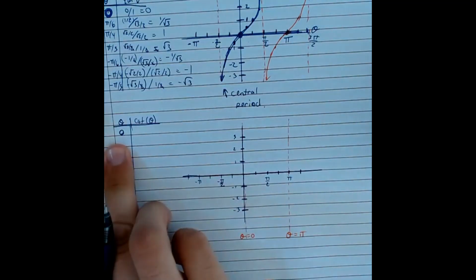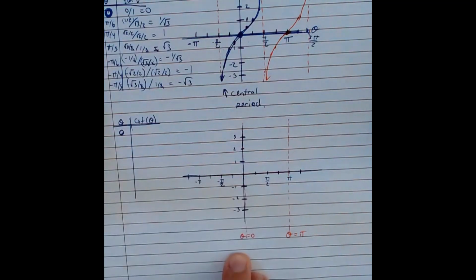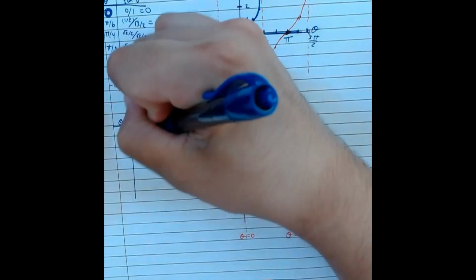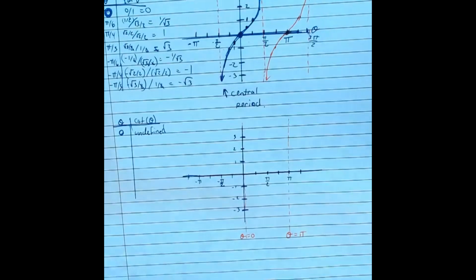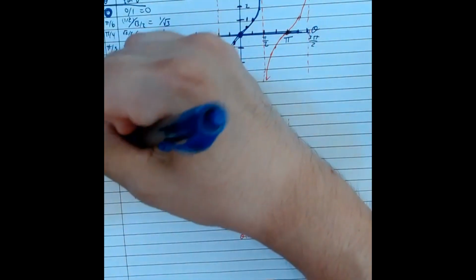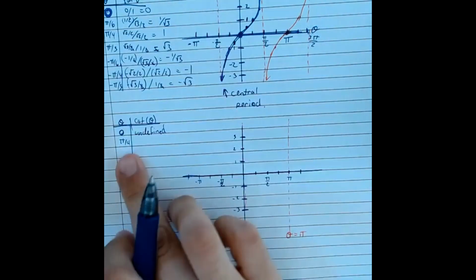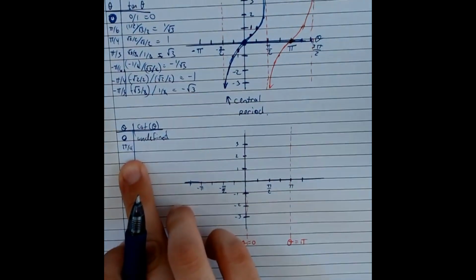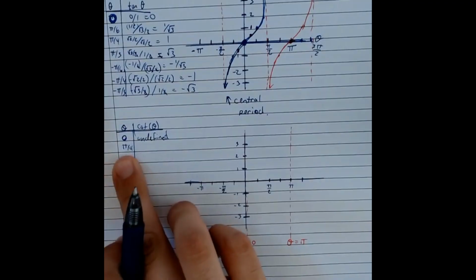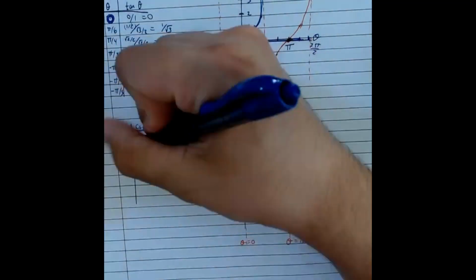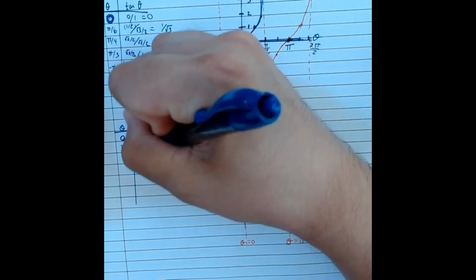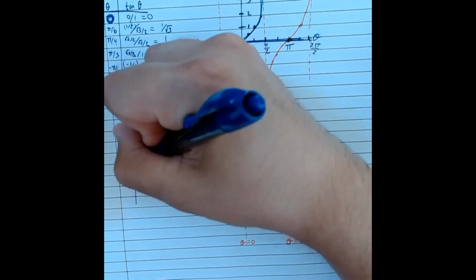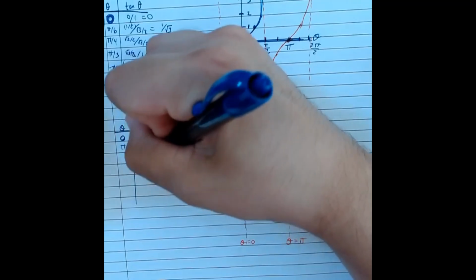We have 0. Well, that's undefined, right? So that's undefined. Can't do that. But we can do pi over 4. And the cotangent of pi over 4 is the cosine of pi over 4 divided by the sine of pi over 4. But looking on our unit circle, those are the same number.